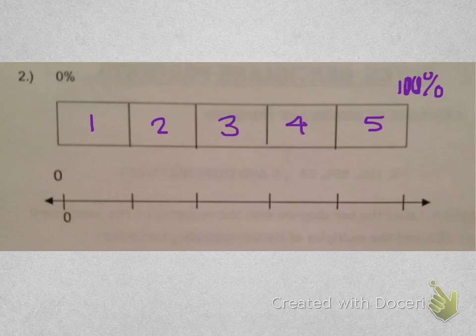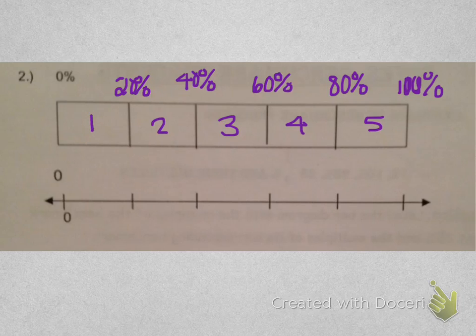That means that each part is worth 20%. So this first part is 20%. Second part is 20 times 2, a multiple of 20, which is 40%. The third part, 20 times 3, which is 60. 20 times 4, which is 80%, and then 20 times 5, which gives us our 100.